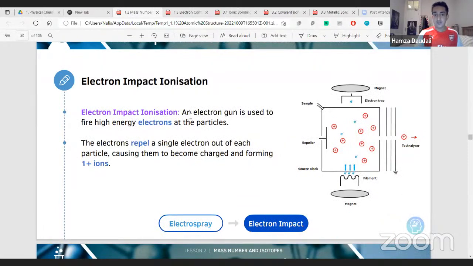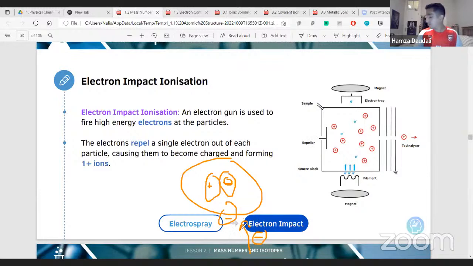Or electron impact ionization, which is where an electron gun is used to fire high energy electrons at the particles. If you imagine a particle with protons, neutrons, and electrons in a circle, firing an electron at this is not going to change the mass by adding a proton.